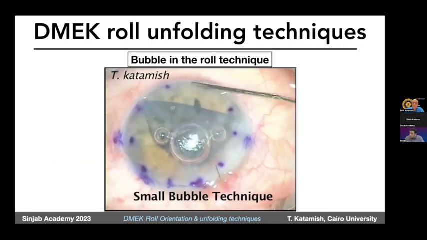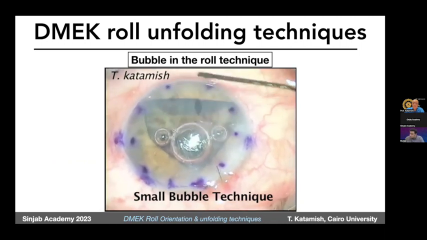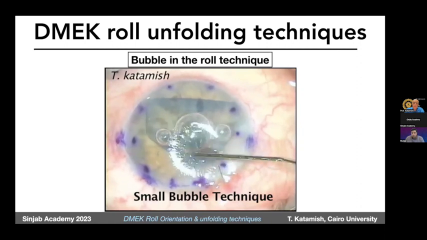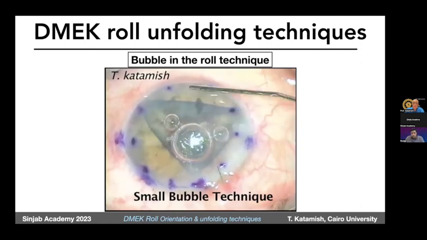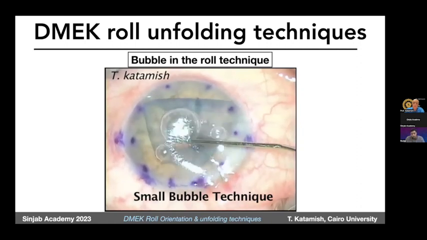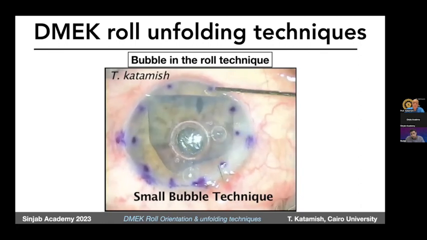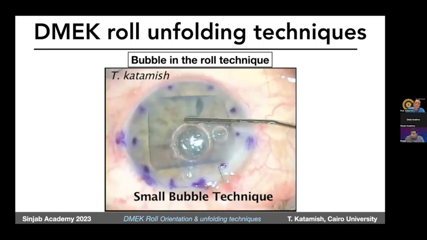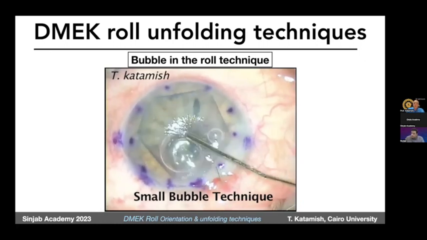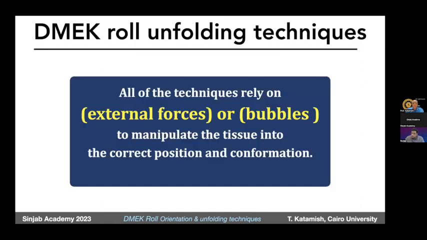I am trying to manipulate this bubble for unfolding, and with some patience and some shallowing of the anterior chamber, you will be able to completely unfold your DMEK graft without touching it, just by indirect forces from tapping the cornea. If you notice, all of the techniques mentioned before rely on external forces or bubbles to manipulate the tissue into the correct position and conformation.